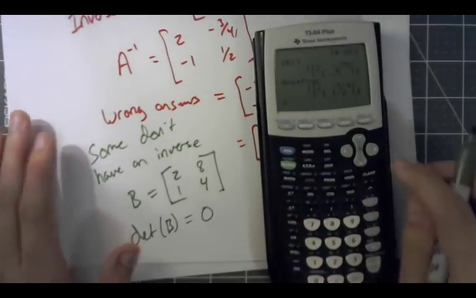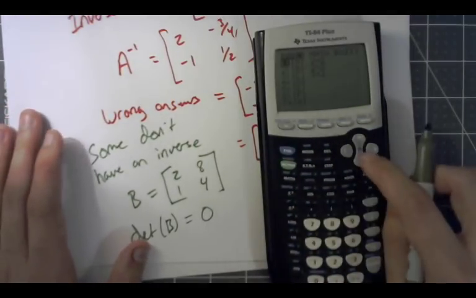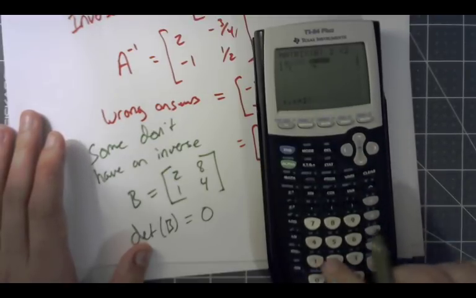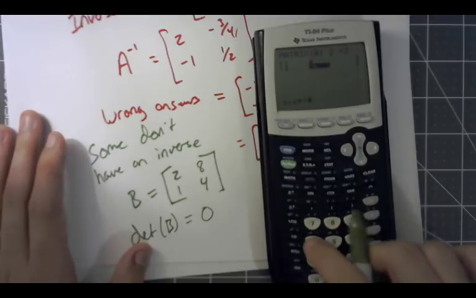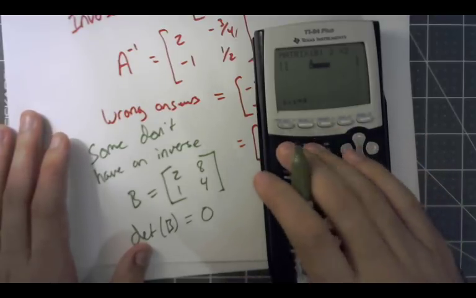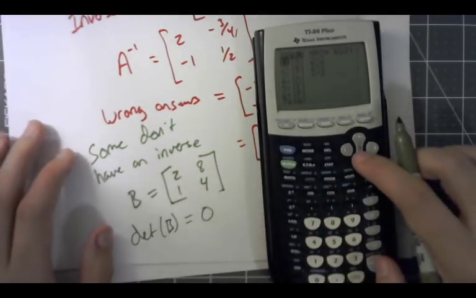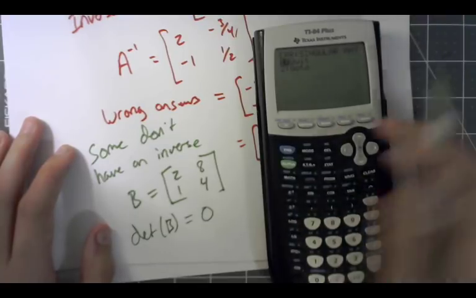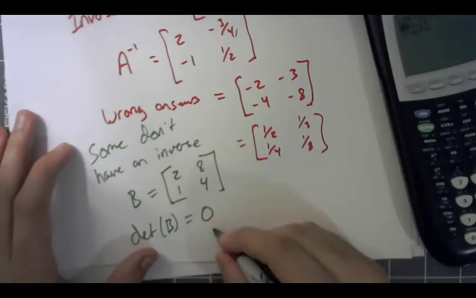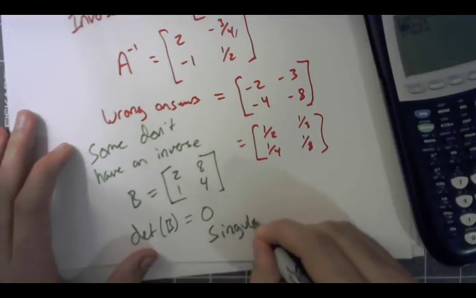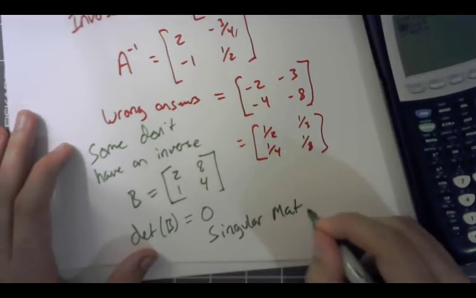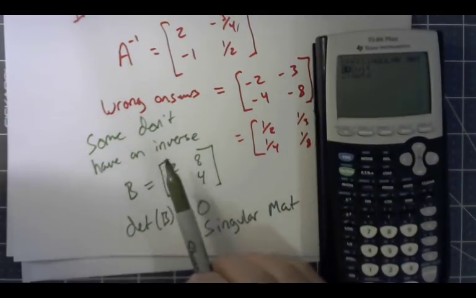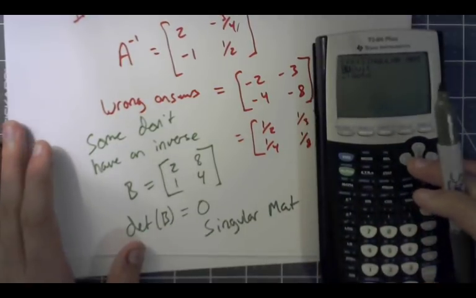So we can try putting this in and showing what you'd get. Matrix, edit, 2, 8, 1, 4. We'll quit. Matrix, B, inverse. And it says, uh-oh, singular mat. That's what your calculator says. That means it doesn't have an inverse.